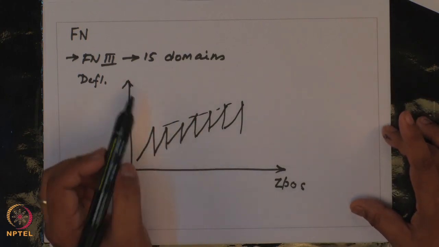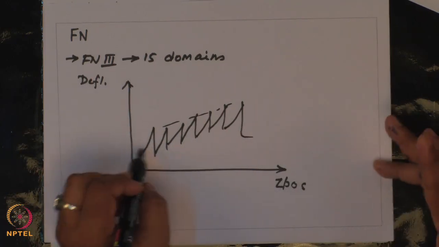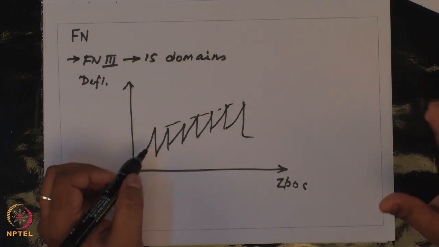I am not drawing all 15 domains, but you will have these multiple peaks which might have comparable lengths, comparable forces, so on and so forth. So, it is near impossible to assign the peaks.